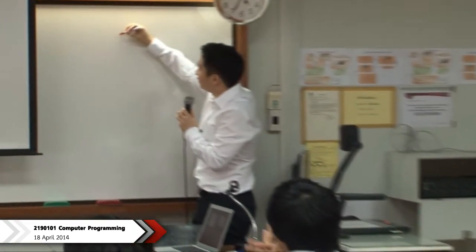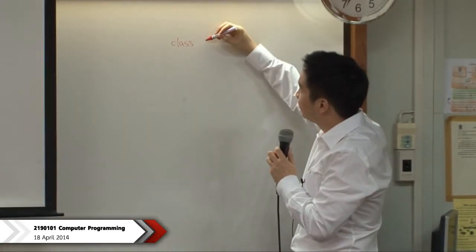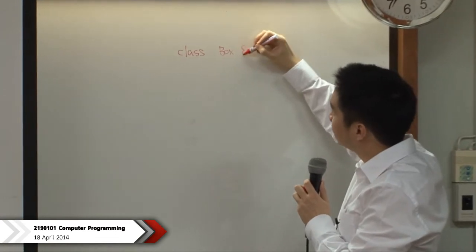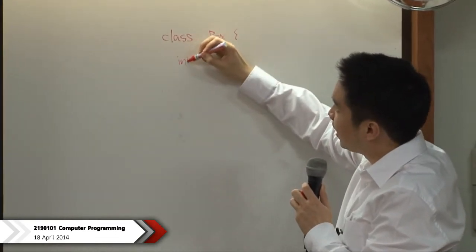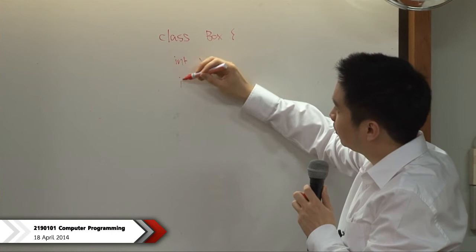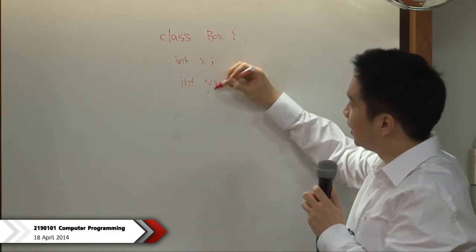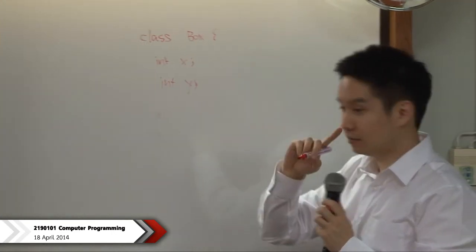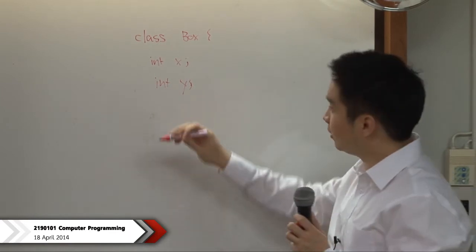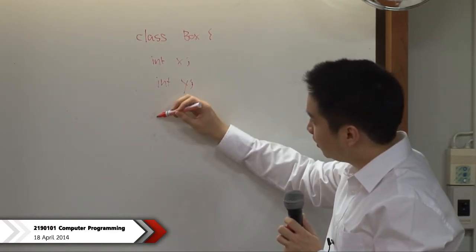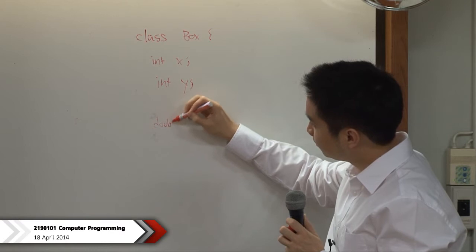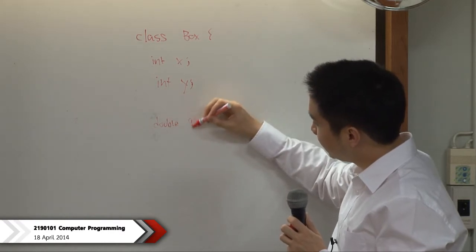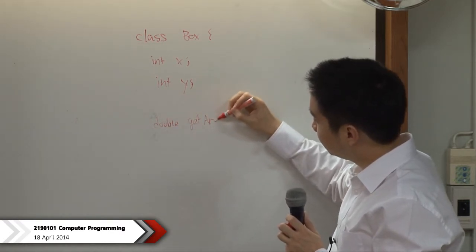Okay, here, let me give you an example. Class box. Let's say that we have 2 data types. With me so far? And I created double get area.